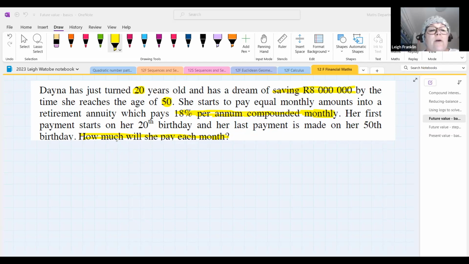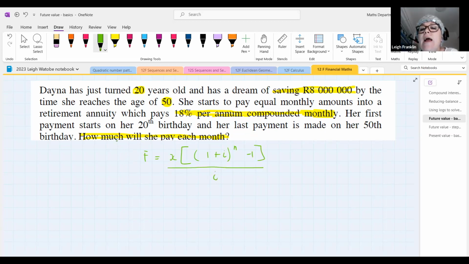So subbing into our future value formula, let's just get it on the page, and then we can see what goes where. So this 8 million, I hope. Leanne, yes, we're going to talk about how many payments there are now.